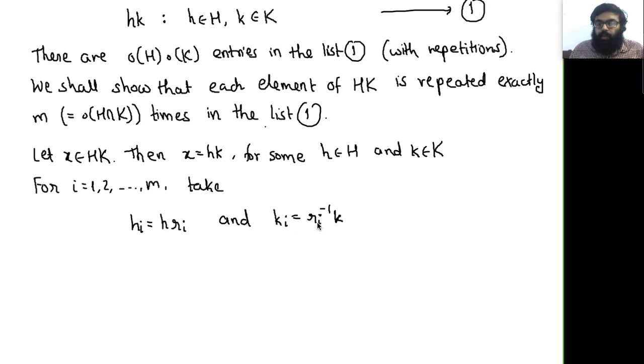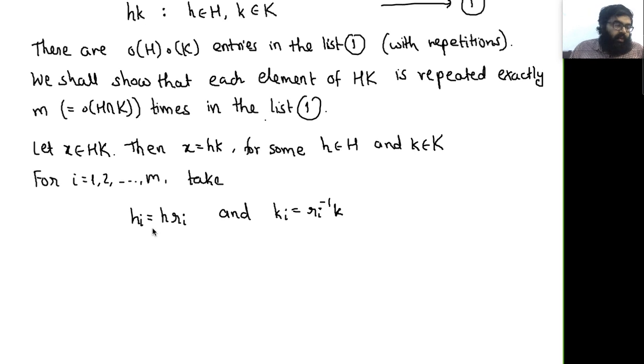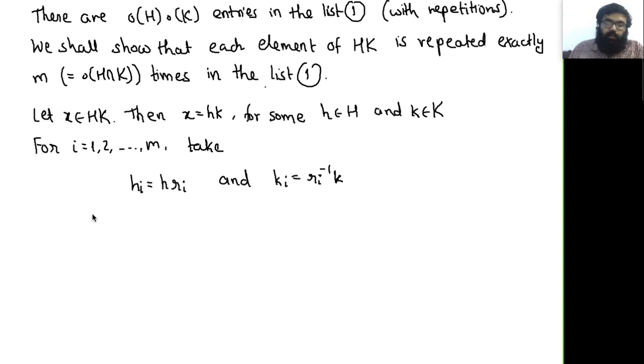If I take h2 k2, h2 is h r2 and k2 is r2 inverse k. r2 and r2 inverse get cancelled, so we have again hk. So then x equals hk can be written in how many ways? h1 k1, you can see, h1 k1. This is h2 k2, which also is hk, and so on.